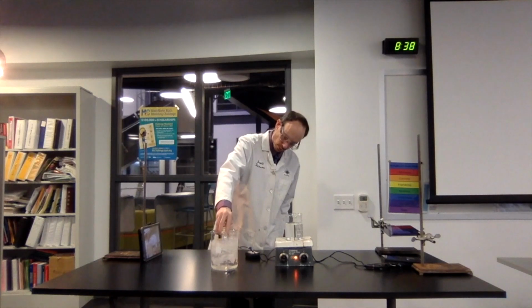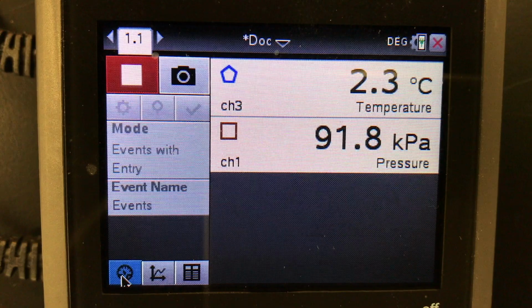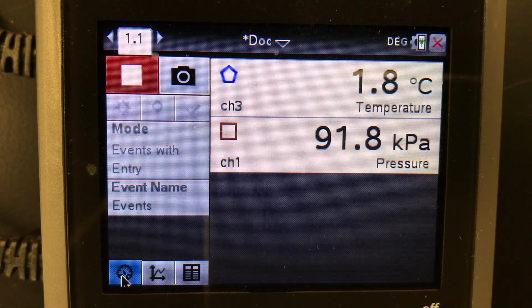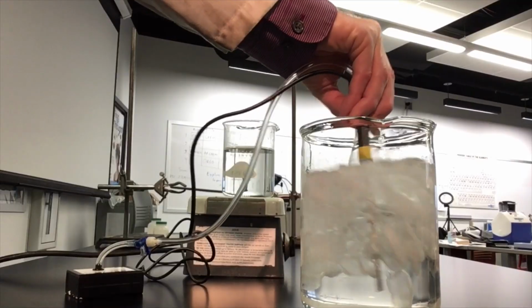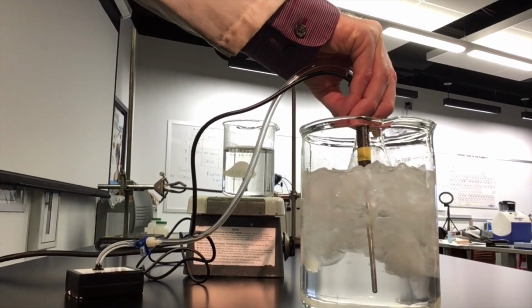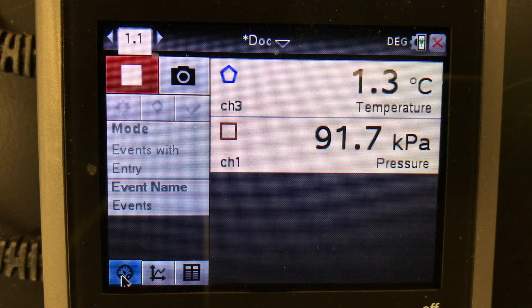I'm going to move these two around until we reach a nice steady state for both pressure and temperature. And it looks like there's no more motion happening. So we're at 91.7, we'll call that 91.7 kPa, and 1.4 degrees C.